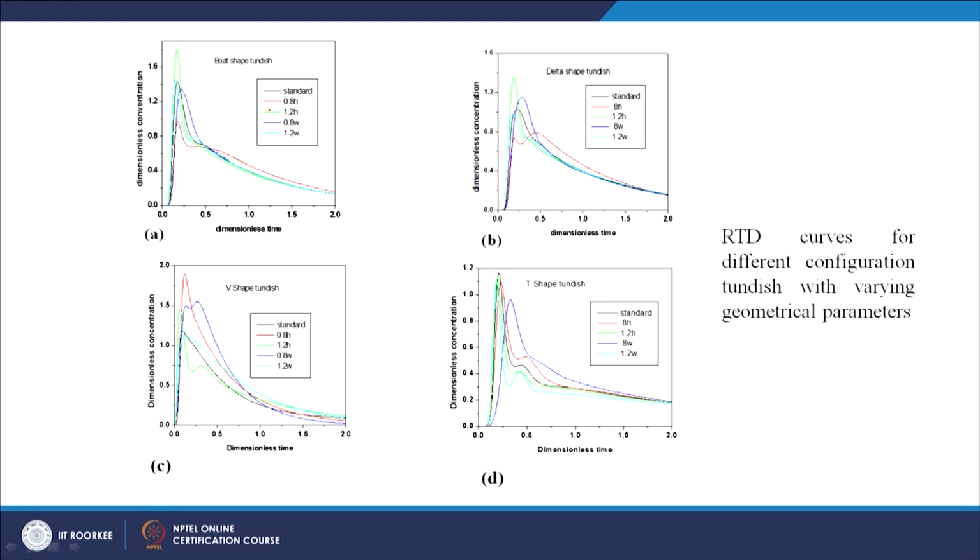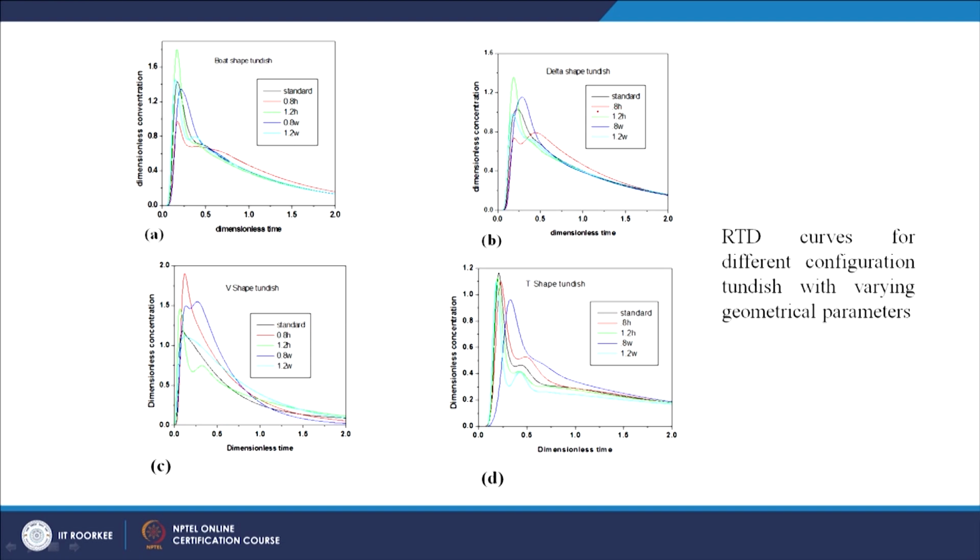If you look at the boat shape, the peak is smaller when the height is smaller. That is also seen in the case of the delta shape, where the peak is smaller when the height is smaller.